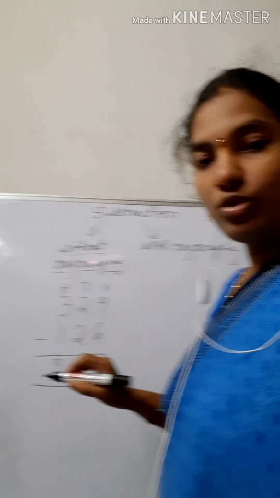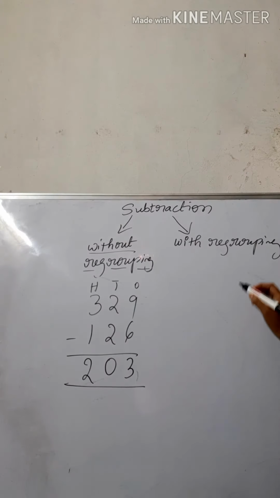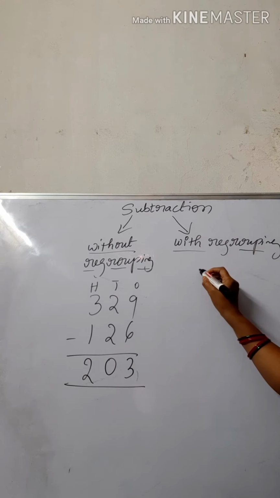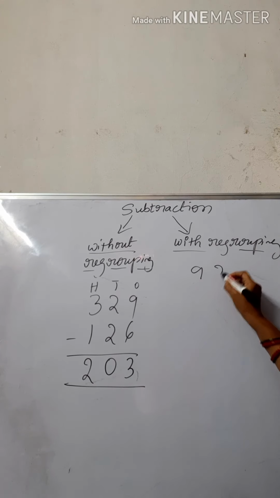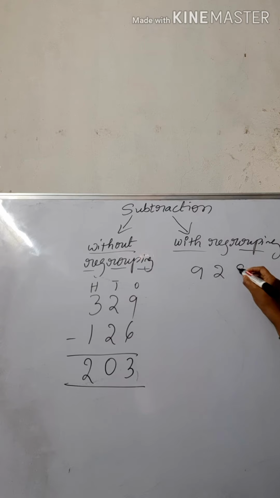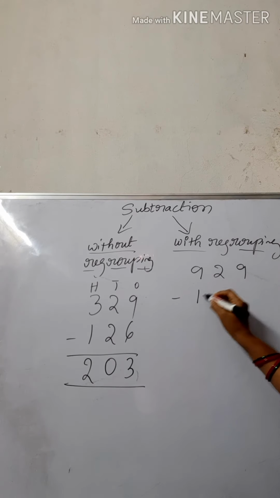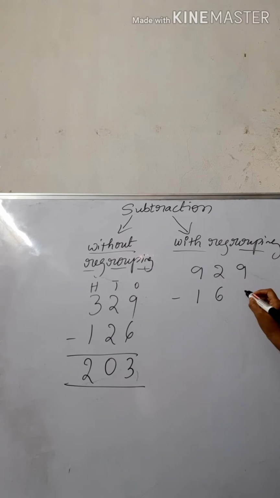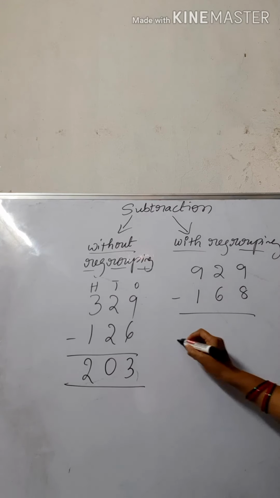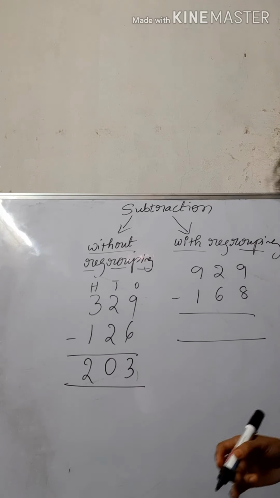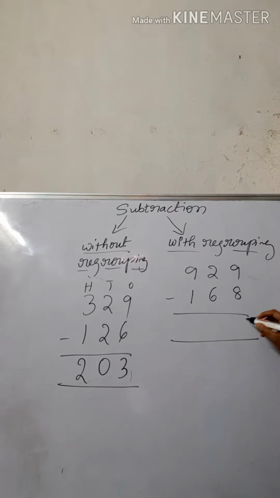What about with regrouping? See, with regrouping means here we are changing. 929 minus 168. Here 9 minus 8, how much, children? 1.